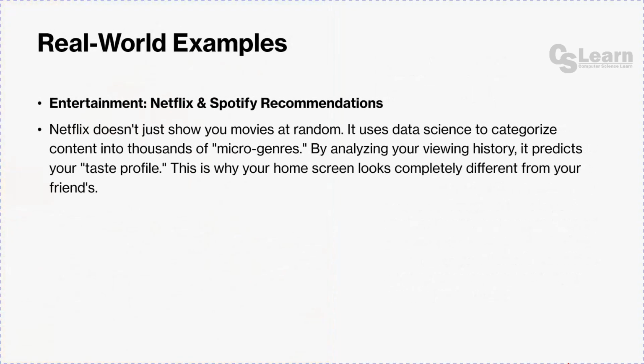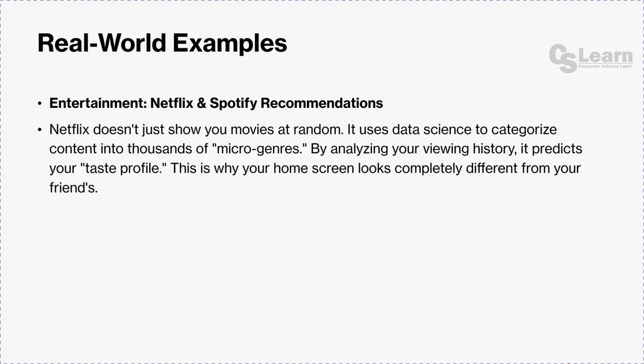Another one is entertainment, like Netflix and Spotify recommendations. It works similarly to the previous scenario. Netflix doesn't just show you movies at random. It uses data science to categorize content into thousands of micro genres.